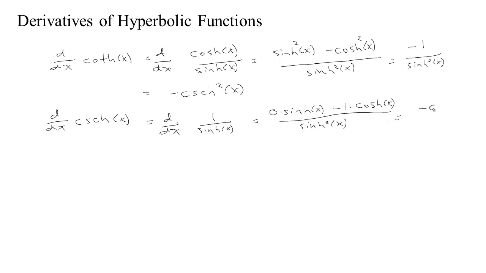So we end up with negative cosine x over sine x times sine x. And 1 over the sine is the cosecant, and cosine over sine is the cotangent.